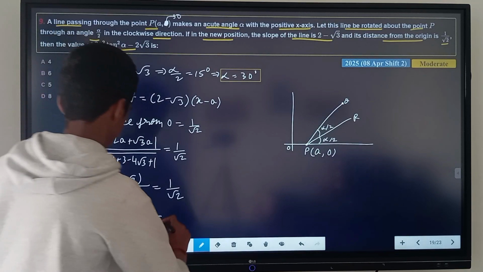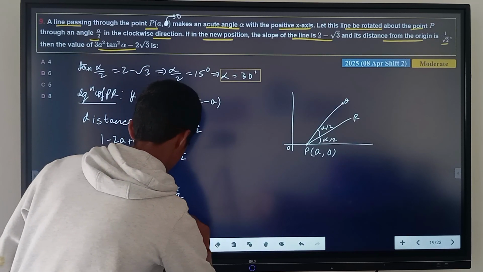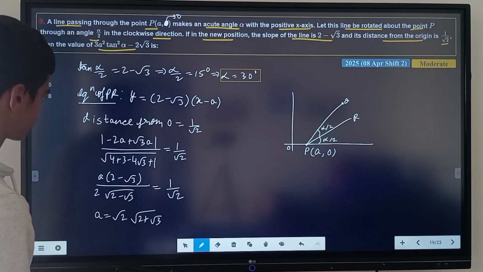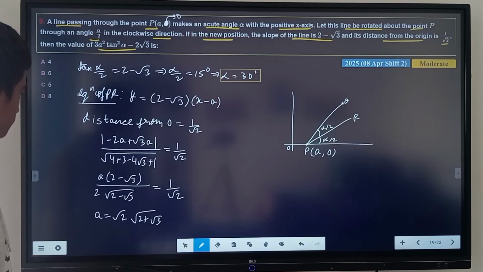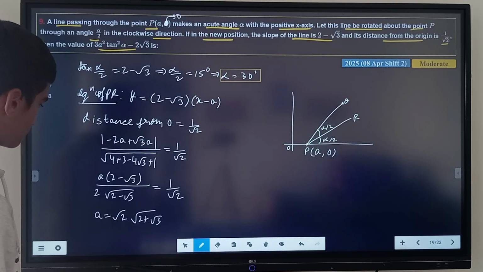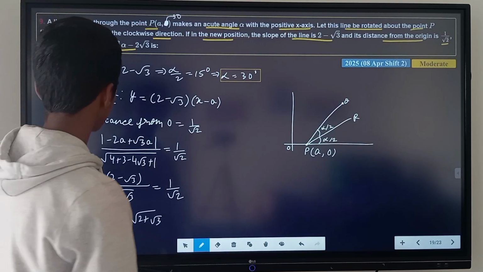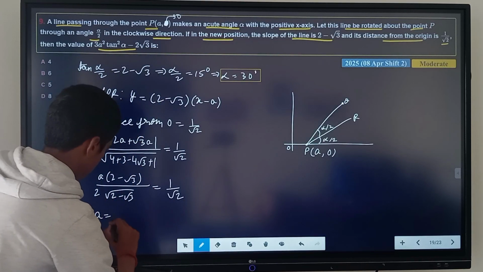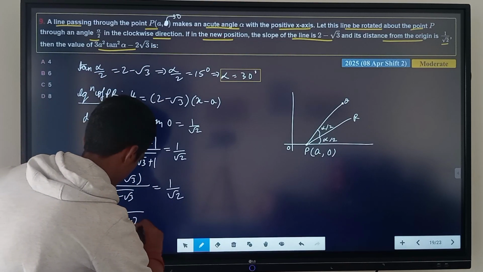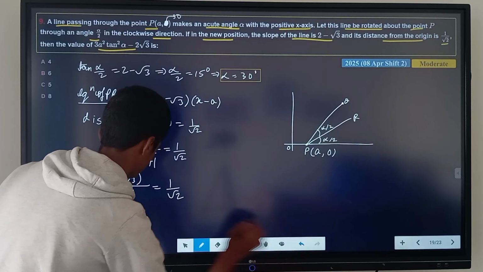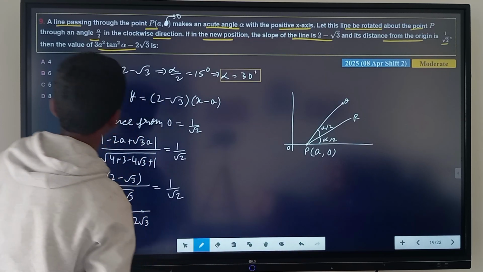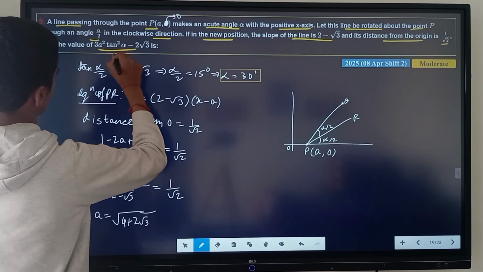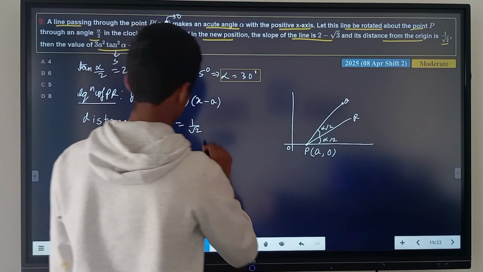So from here we have our value for a, or we can write it as root of 4 plus 2 root 3. Now let's say this required expression is s.